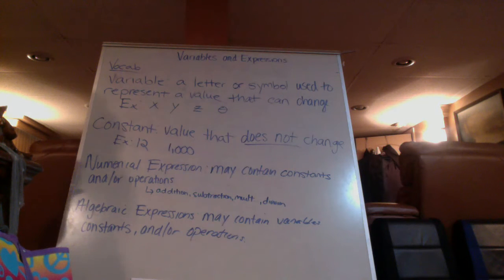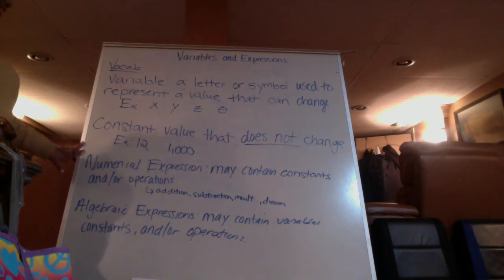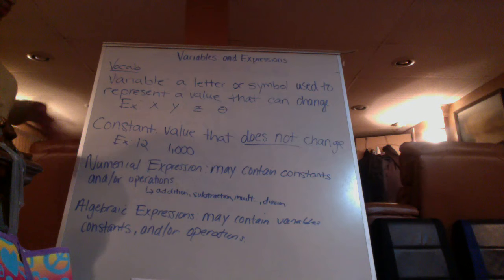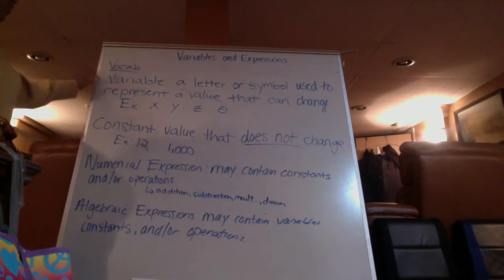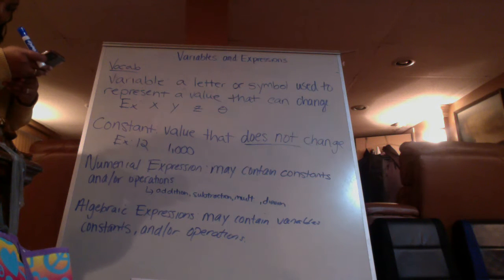Numerical expressions can only contain constants and/or operations. The big difference is that numerical is really just numbers with addition and subtraction, whereas algebraic means you're going to have variables, letters or symbols. I hope that makes sense.